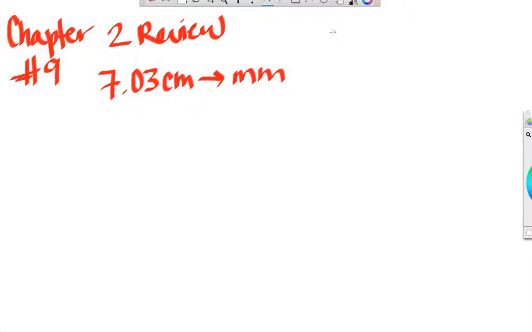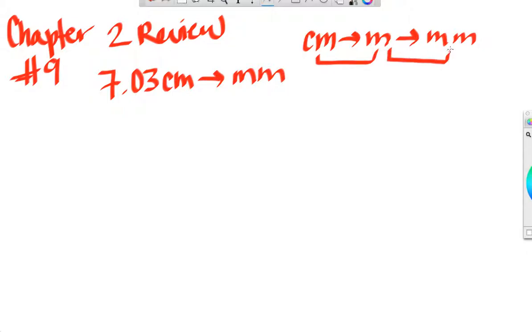So when you're setting this up, I always say set up a flow chart of how you want to organize your information. And I would recommend going from centimeters to meters, and then from meters to millimeters. For this, we know how many centimeters are in a meter, and we know how many millimeters are in a meter. So that makes things a little bit easier.